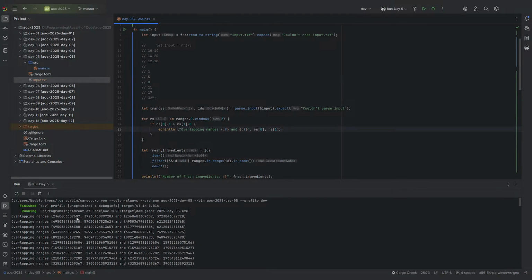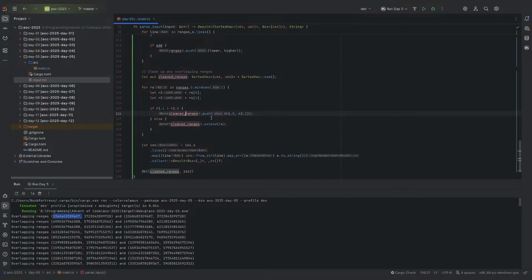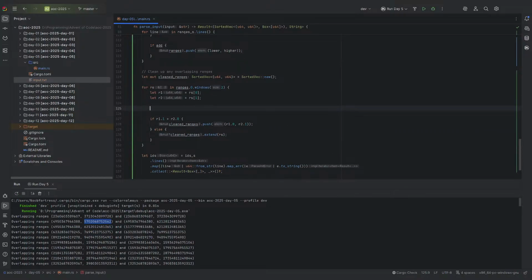Why does it still find overlapping ranges? Duplicates. How does that work? How do you get duplicate ranges? Or at the same start? Let's do more cleanup stuff.